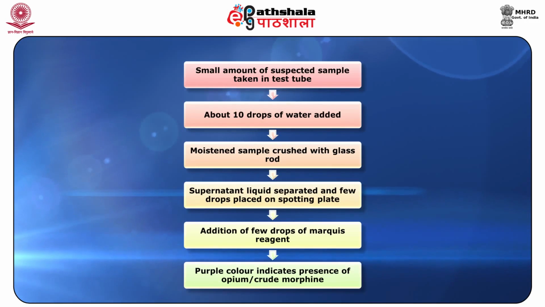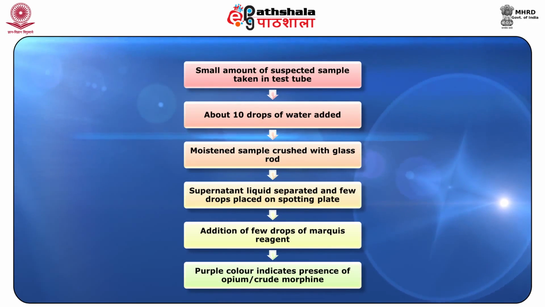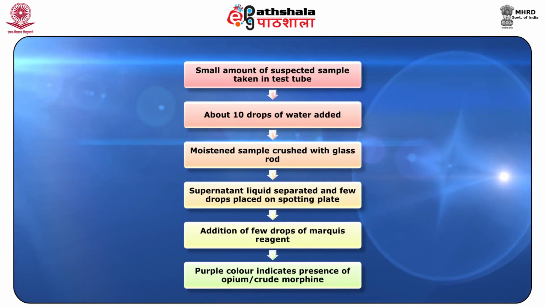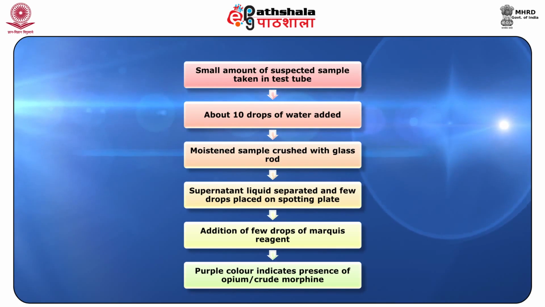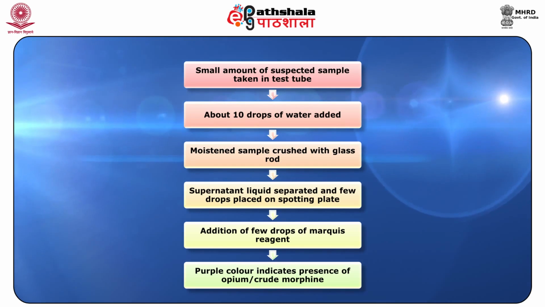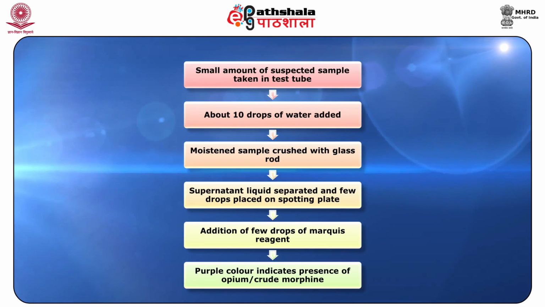Now let us see the procedure. A small amount of suspected sample is taken in a test tube and about 10 drops of water is added. The moistened sample is then crushed with a glass rod.